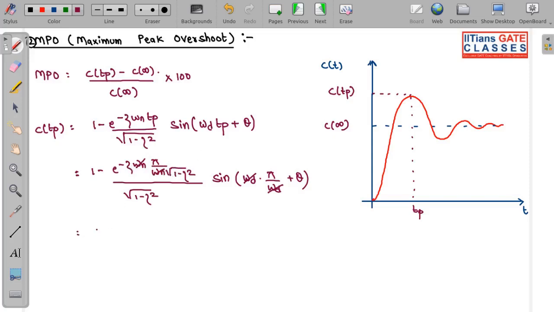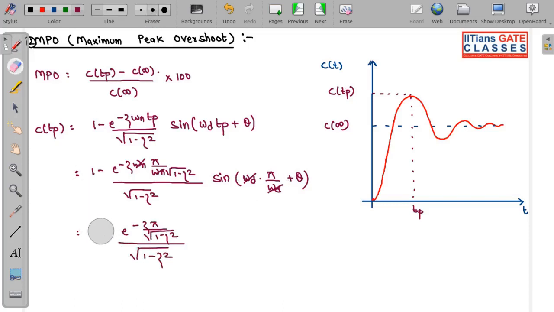So this will be 1 minus e to the power minus zeta pi divided by under root of 1 minus zeta square, divided by under root of 1 minus zeta square, into sine of pi plus theta, which is equal to minus sine theta.